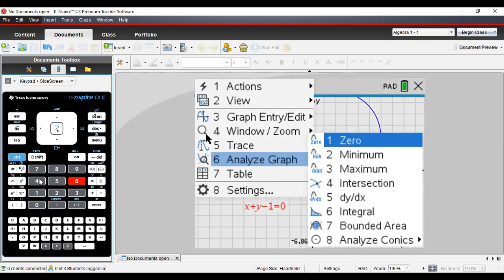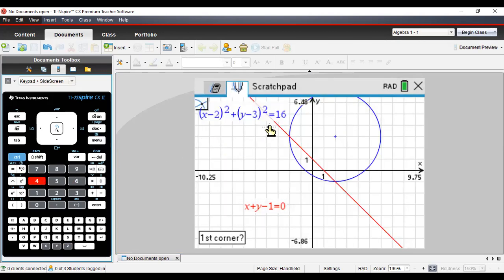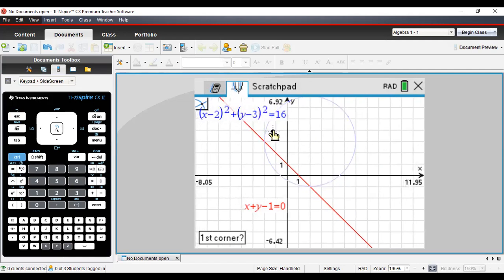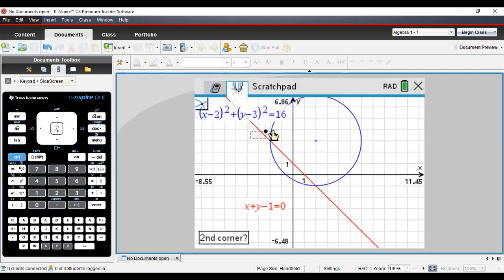Menu 64. Here. I'm trying to find the intersection, and it's not letting me. Oh, there it is. All right, so there's the intersection for that one.